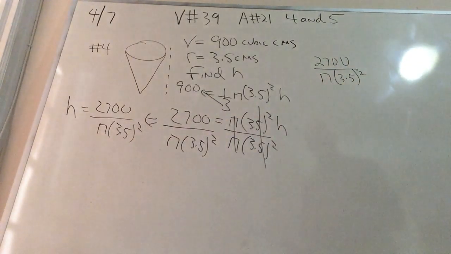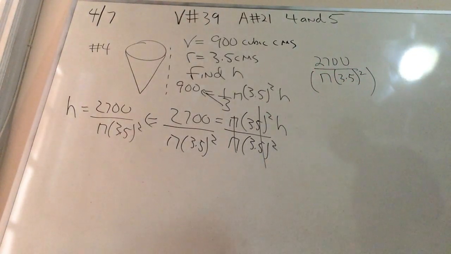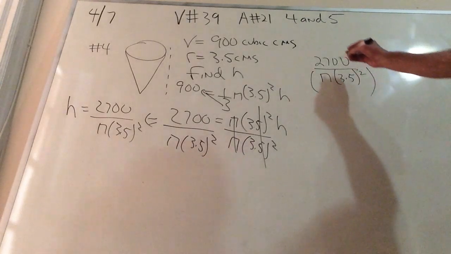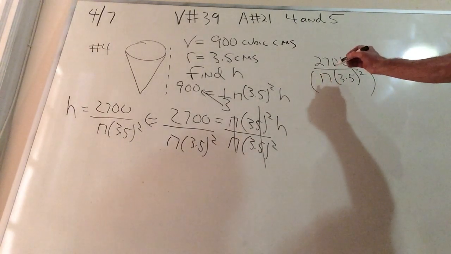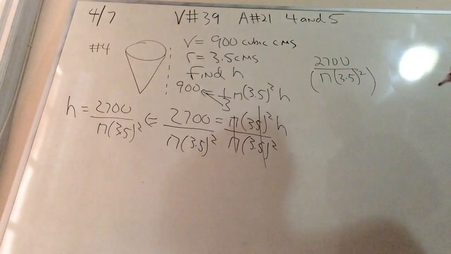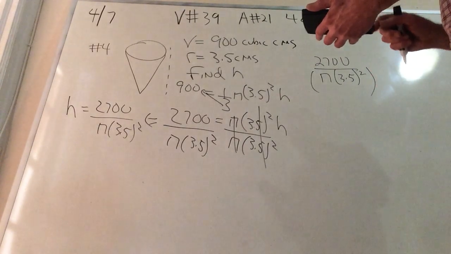As in the previous problem, I'll have to put this in parentheses in the calculator if I'm going to do it this way. Otherwise, the calculator, following order of operations, will divide 2700 by pi, but then multiply by 3.5 squared. So watch that. All right, so here we go.